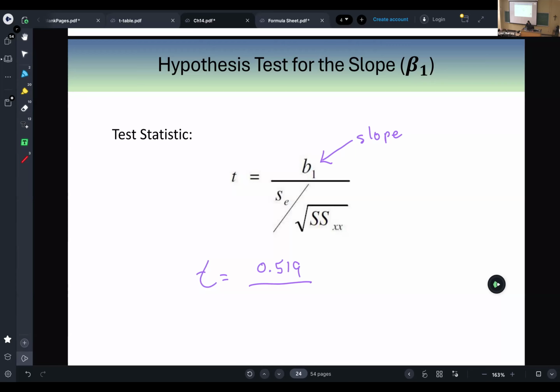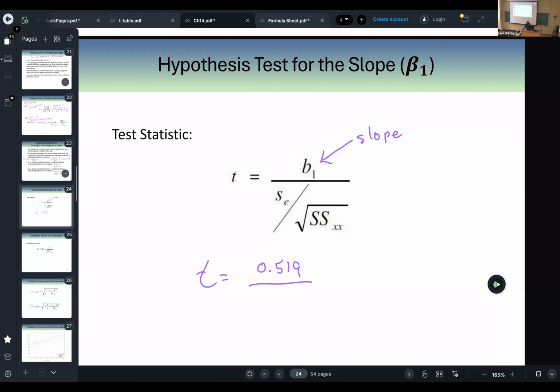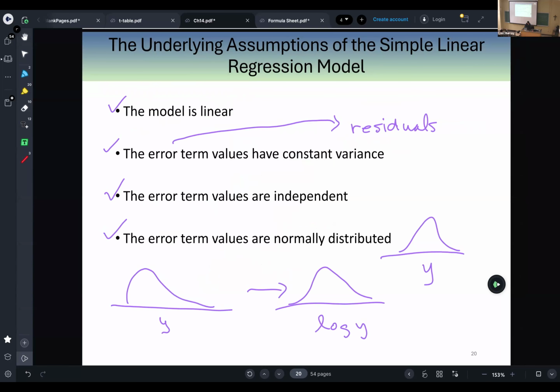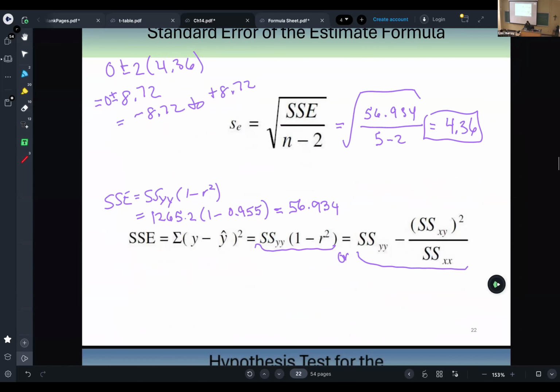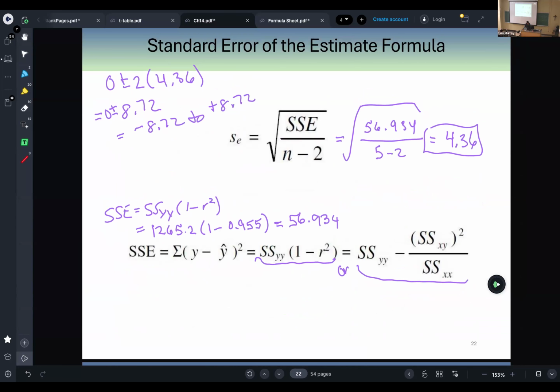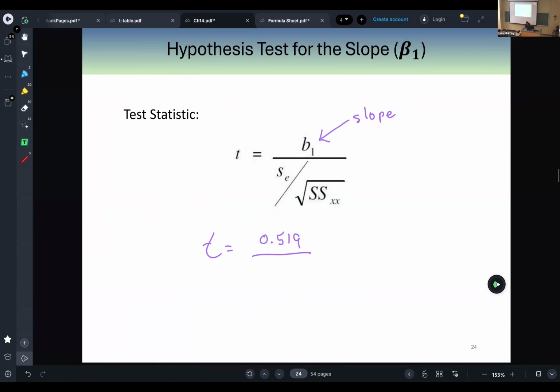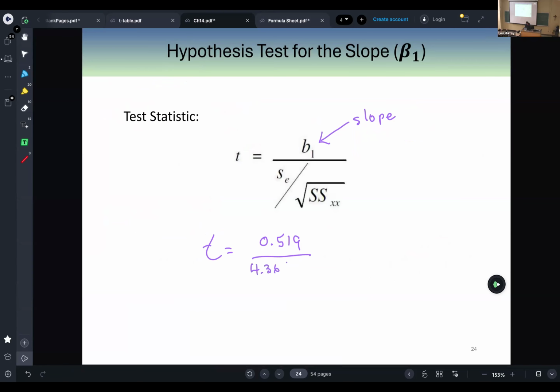We calculated that a few slides ago, so let's find it. Standard error of the model, that little SE right here. We want this one here. It was 4.36. Because we know the slope, and then we need the square root of the sum of the squares of the x's, which we did last week as well.